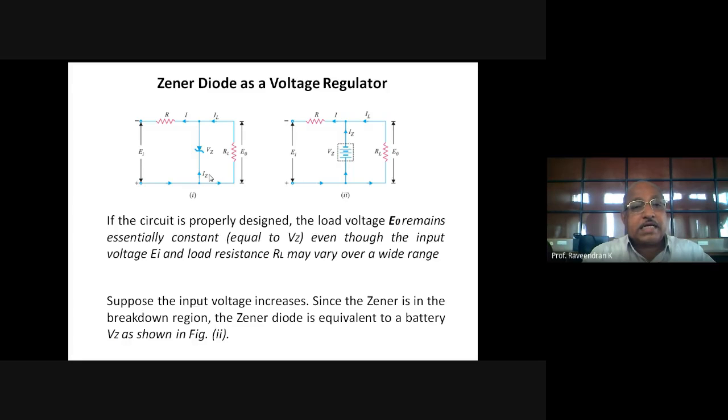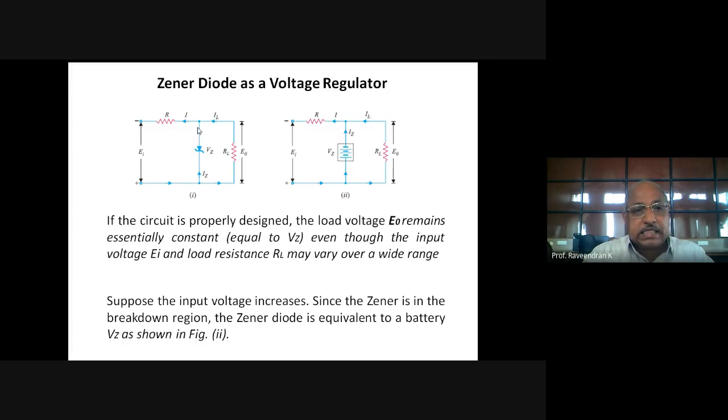Why is the Zener current increased? Because the load current cannot be increased, since the load voltage is kept at E0, that is to be made constant. Once the load voltage is constant, the load current will be constant because RL is not changing. So IL cannot be changed. IL is IL only. The only change that may occur is to increase IZ. That happens when the Zener diode is operating in the Zener region, when the input voltage EI is increased.